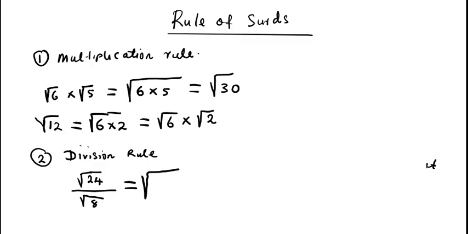Then you have 24 divided by 8, which will give you square root of 3, because 24 divided by 8 will give you 3.